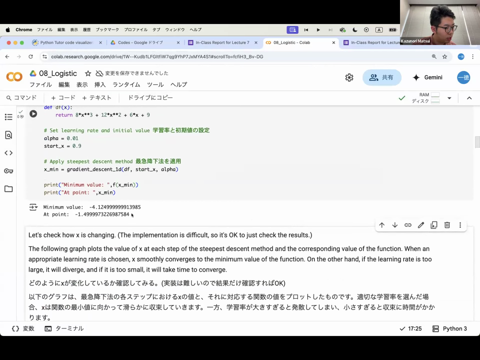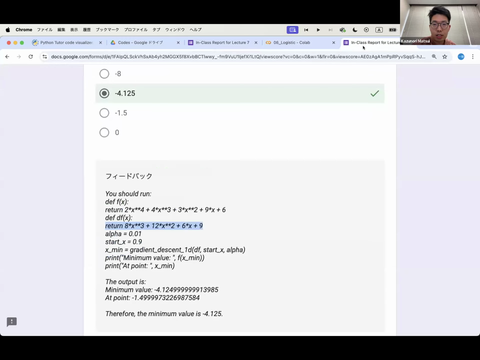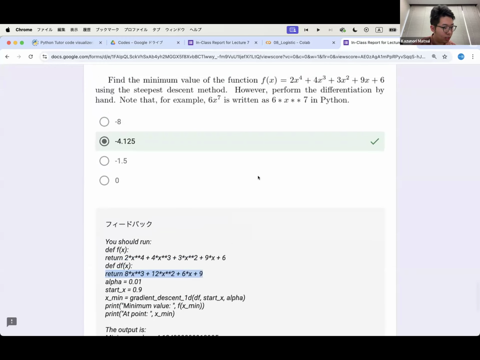From there on, we can implement it like this, and we calculate and get the result like this. Since we need to answer the minimum value, the minimum value is around minus 4.125. So the answer is this second option.